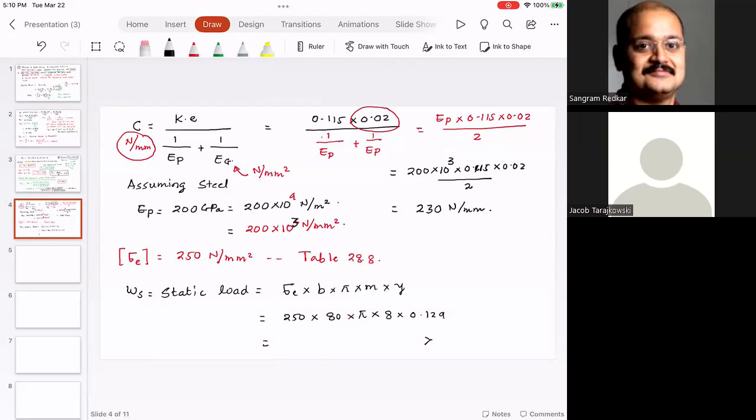And make sure that this load is greater than the dynamic load, and it is. But please just calculate and tell me what this value is.